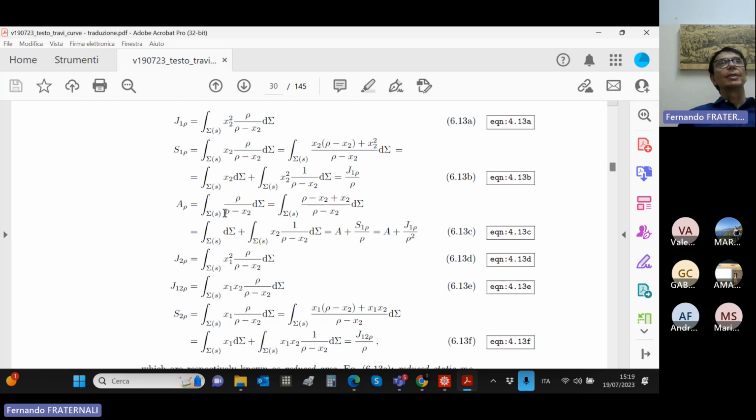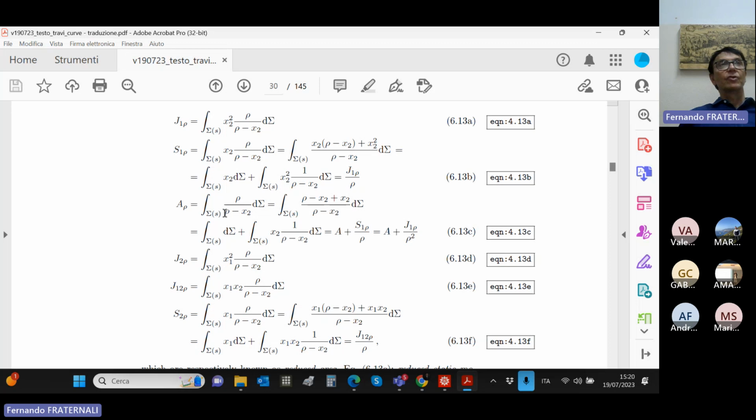These quantities are the analogues of the quantities for the straight beam, but all the integrals have inside this J that multiplies the differential area of the cross section. So our integral over the cross section has J that multiplies the sigma.